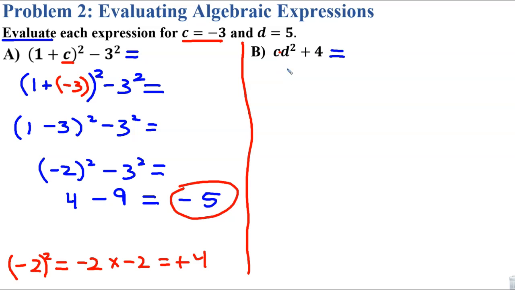So we've got c times d squared. And once again, when I go to fill things in, I'm going to use parentheses. So my c is a -3, times my d then, which is 5, so we'll go parentheses 5, and that's squared, with the plus 4.